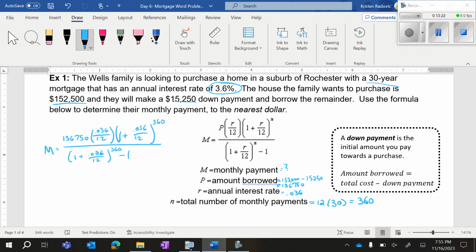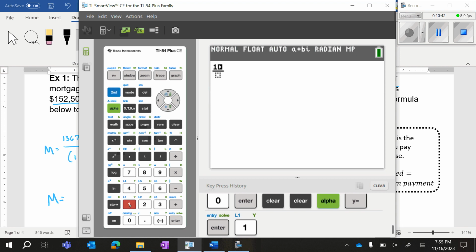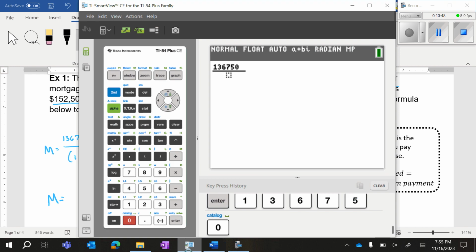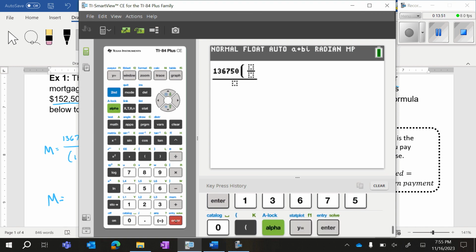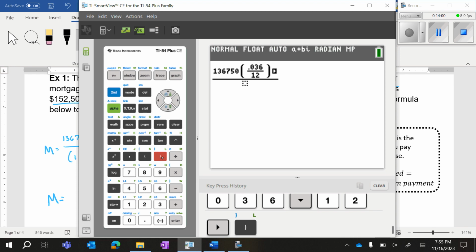So we have a giant fraction, and up top we have 136,750 times a fraction, and we have 0.036 over 12. Now times 1 plus yet another fraction. Okay, there we go, to the 360th power.